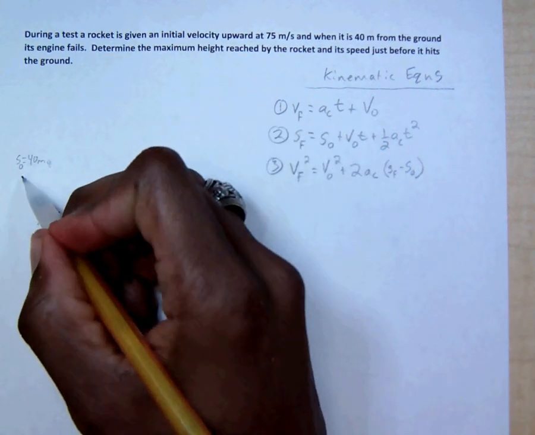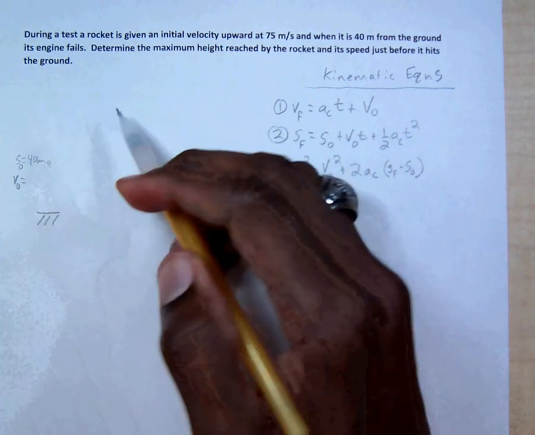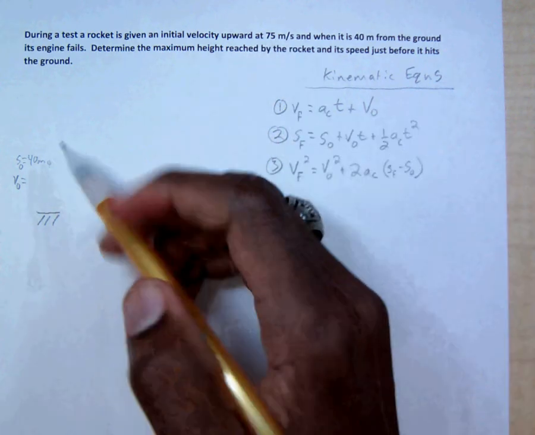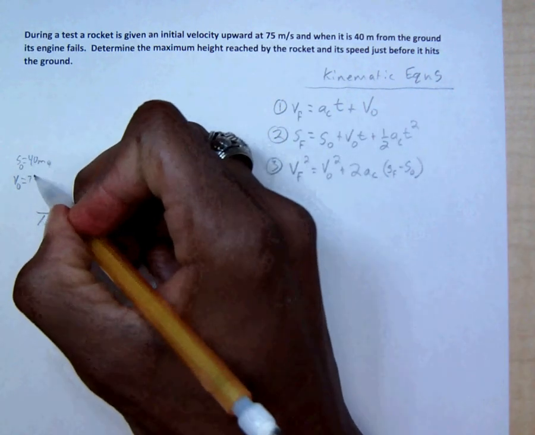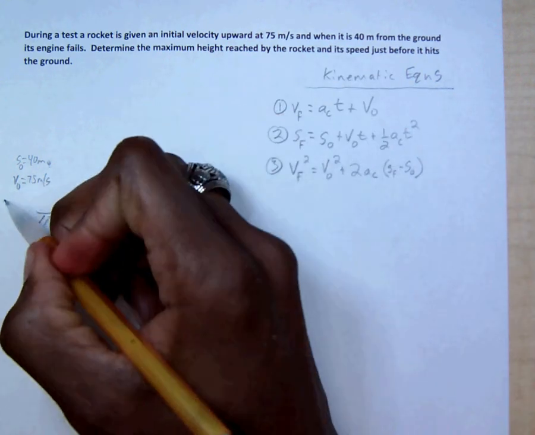We know our initial position. What about our initial velocity? Yes, we know that too. It says it's 75 meters per second when the engine failed. What about acceleration?